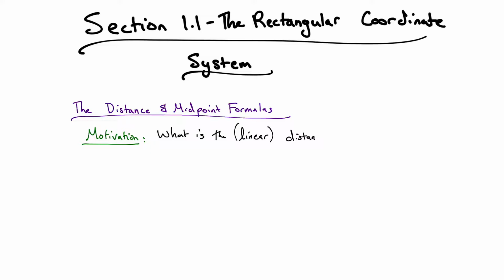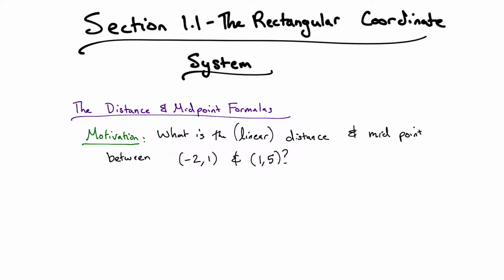Distance and midpoint between the point -2, 1 and the point 1, 5. So what is the linear distance and where is the midpoint between these two things?